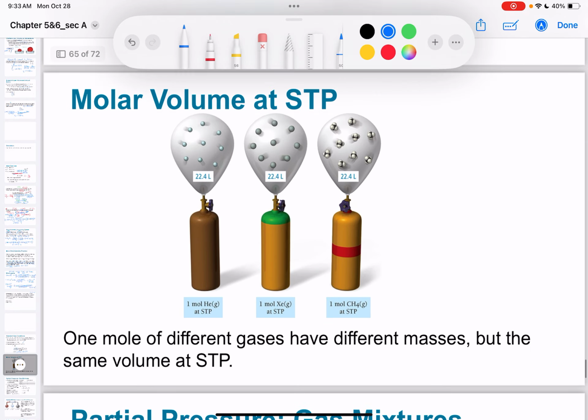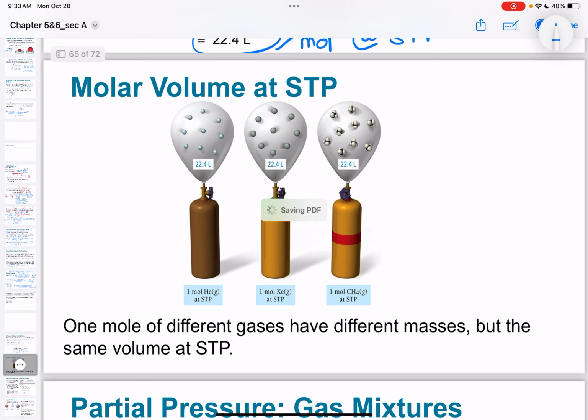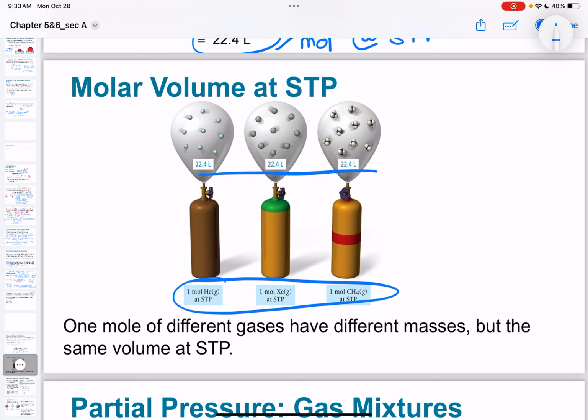So, here's just kind of like a visual description of the fact that if we have 1 mole of gas, it doesn't matter what the gas is, if we have 1 mole of gas at standard temperature and pressure, it will always have a volume of 22.4. So we call this the molar volume, or the volume of 1 mole of gas at these set standard conditions.